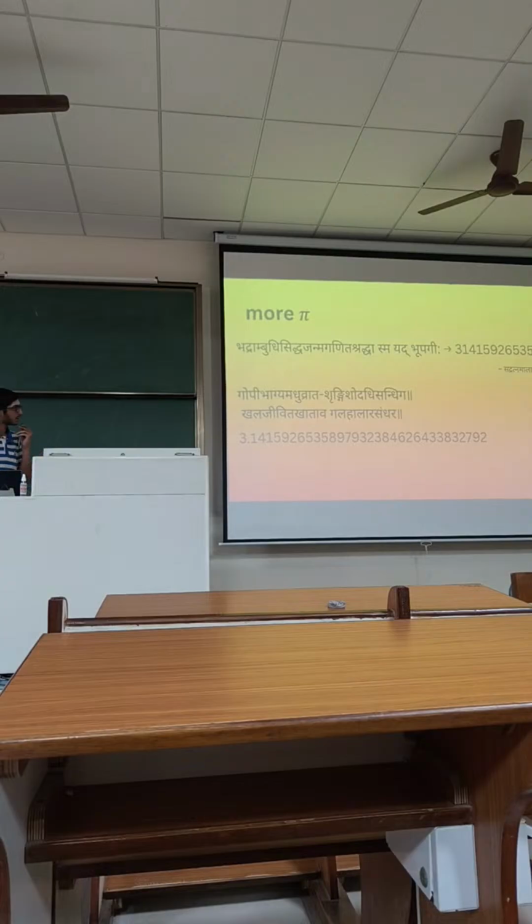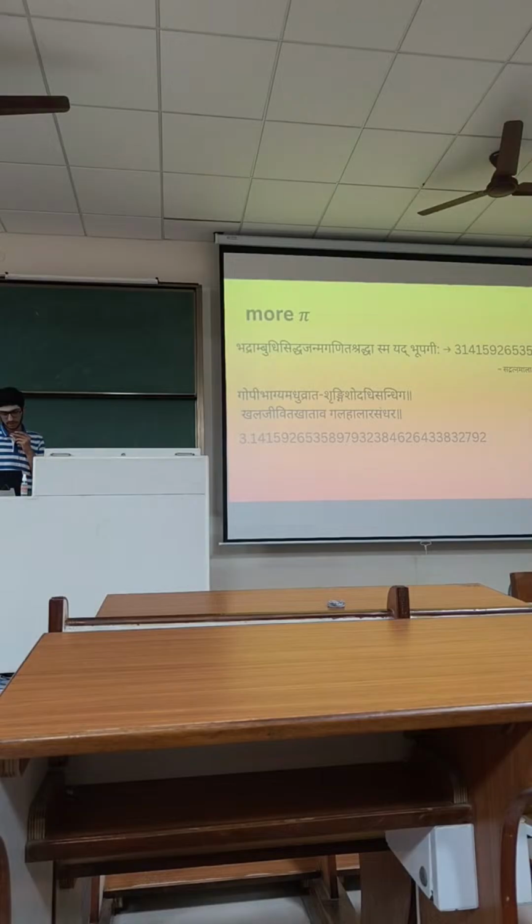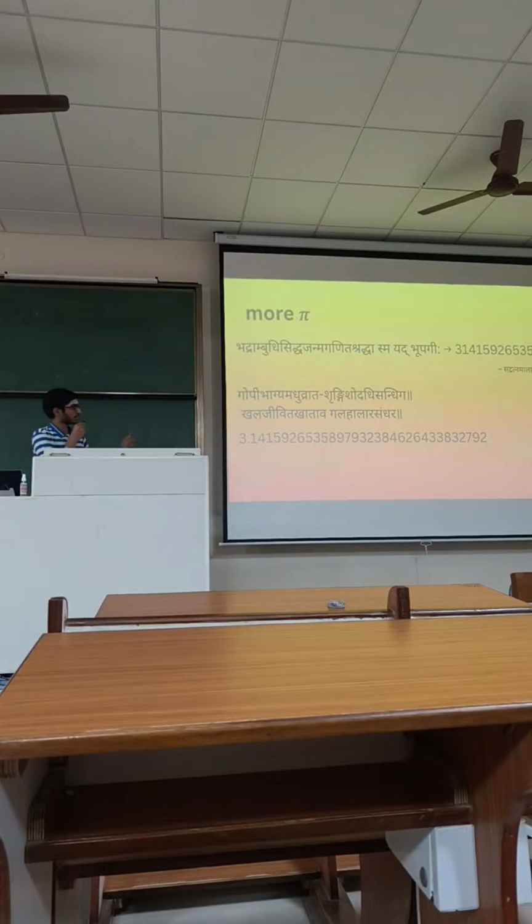And as we saw earlier, there are other methods to decode the value of pi. Like, for example, Bhadram Budhi Siddha Janma Ganita Shraddhasma Yat Bhupakihi. In the same manner, when we take the numbers according to Katapayadi Sankhya and reverse them, we get 3.14159 26 and so on, the required value of pi.